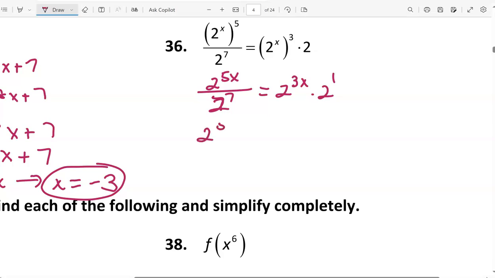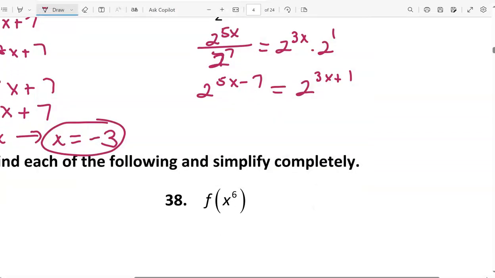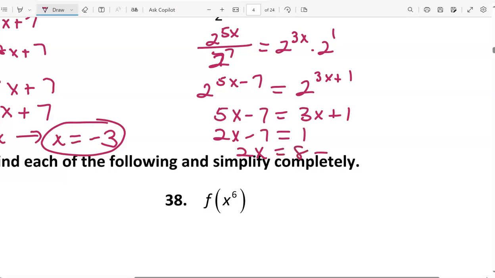Now, 2 to the 5x minus 7 is equal to 2 to the 3x plus 1. Because when we divide, we subtract exponents. When we multiply, we add the exponents. So now 5x minus 7 must be equal to 3x plus 1. And that gives us 2x is equal to 8 and x is equal to 4.